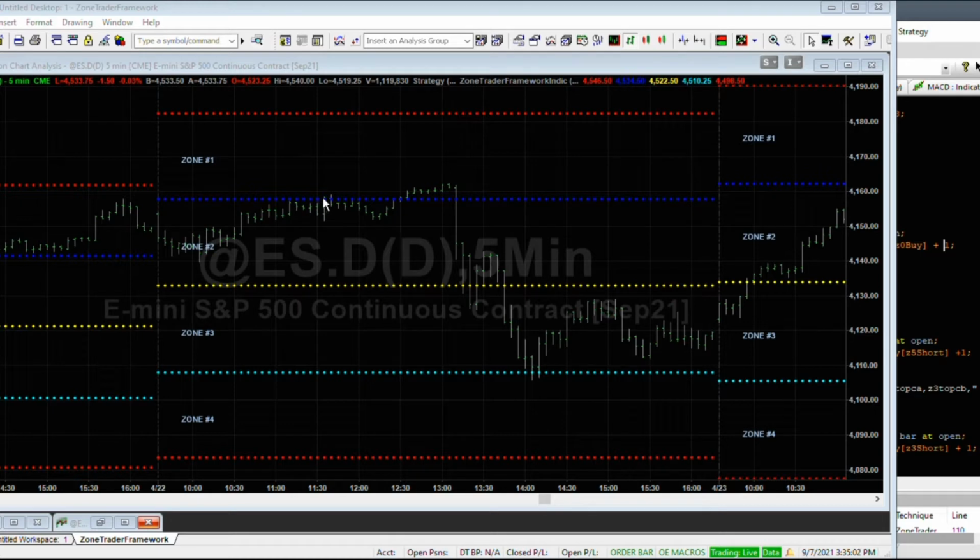We made it above Zone 2 top. We crossed it. There was a crossing of the close, and that's what I look at in the basic Zone Trader Framework. Of course, you could change that close to a high if you consider the high as a penetration, but I'm considering the close here.